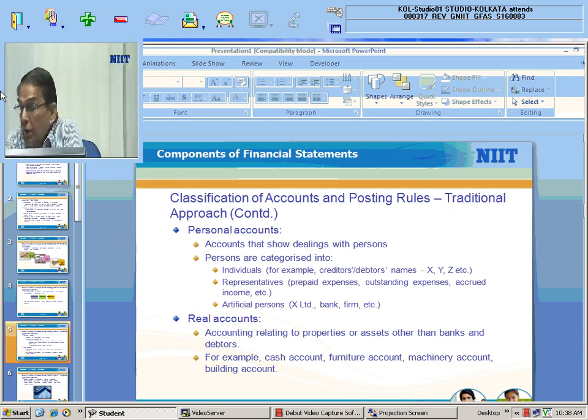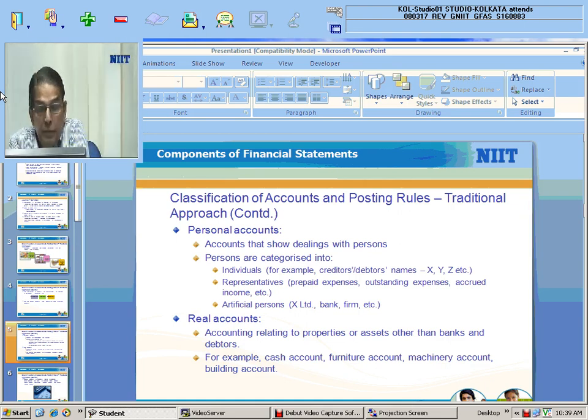So all properties or assets, accounts relating to the properties or assets like fixed assets, inventory, these are all real accounts. Cash, furniture. So accounts relating to properties or assets other than banks and debtors are real accounts. Banks and debtors will be again personal accounts.